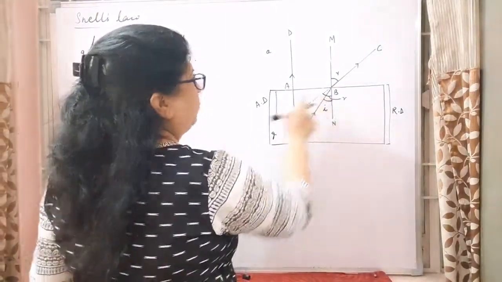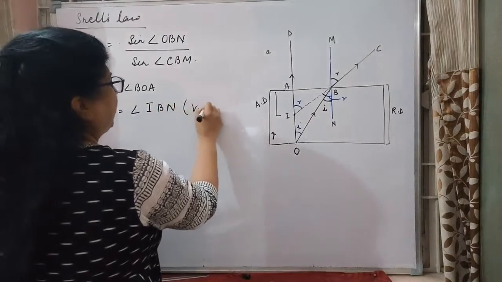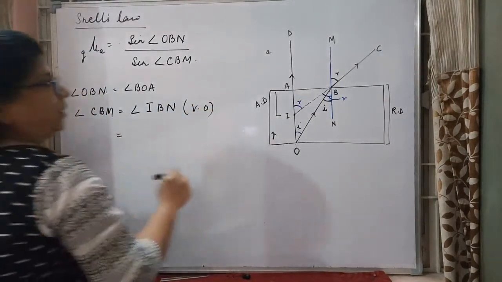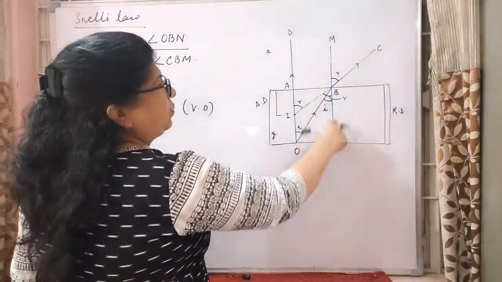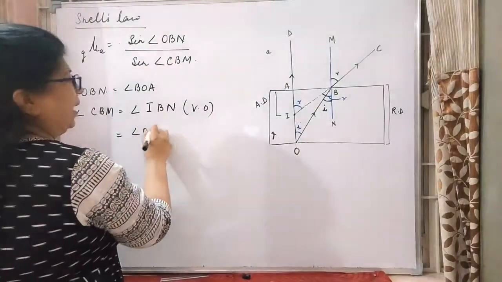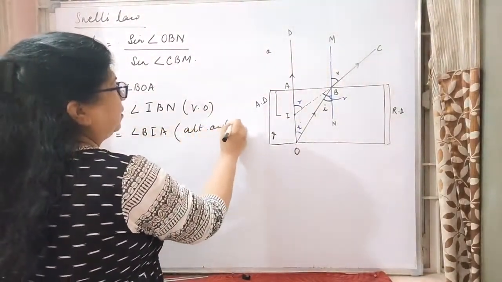IBN. ये पूरा का पूरा क्योंकि it is vertical opposite. IBN. This is vertically opposite angles. Or which will also be equal to, now IBM is equal to BIA or BID जो आपको लेना हो, BIA. क्यों? क्योंकि again ये alternate angles हैं.